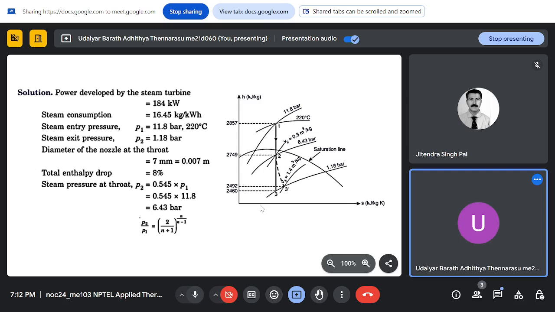As I told, we know all the data: power developed in the turbine, the steam consumed, steam entry pressure, steam exit pressure, and the diameter at the nozzle throat. The throat pressure is 6.43 bar, which we have calculated.